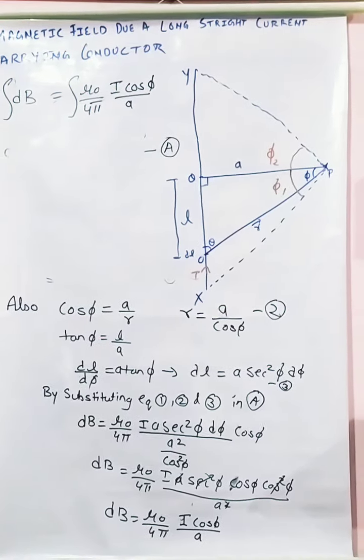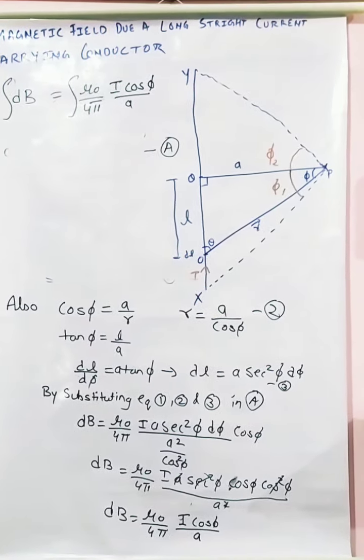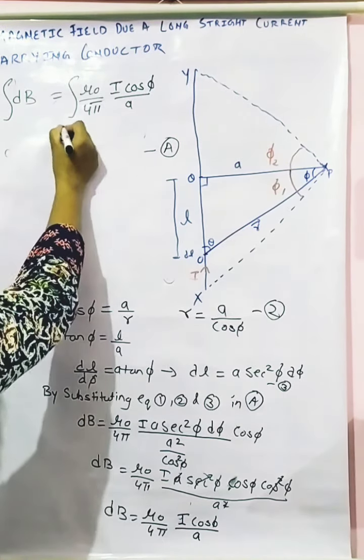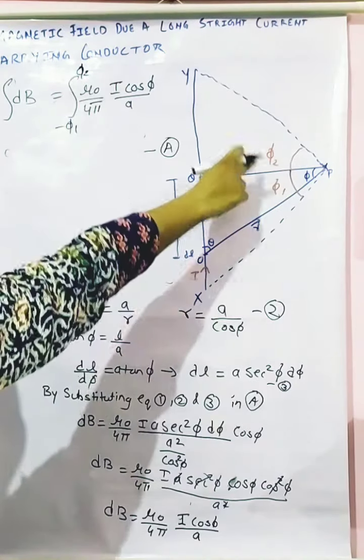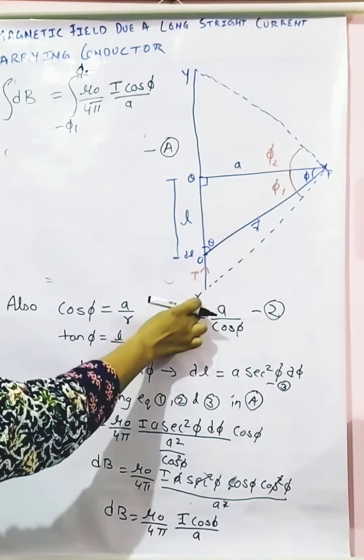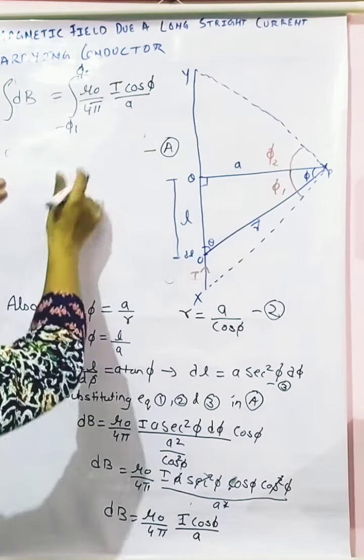From where to where do we need to integrate? We need to integrate from minus phi 1 to plus phi 2. This is because now we are calculating because of X and Y. This is what we are doing for finite length.